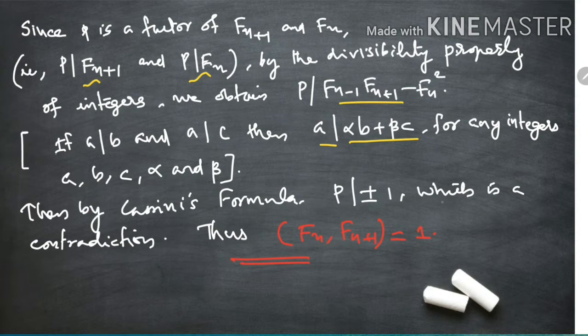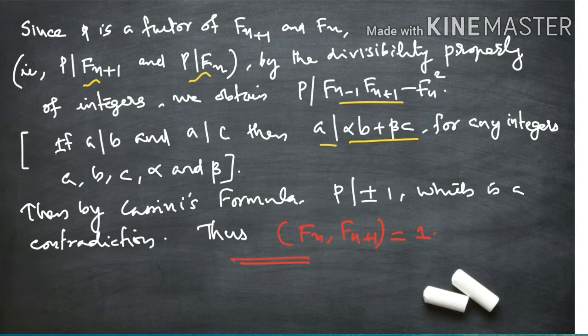But this is a contradiction, isn't it? P can't divide plus or minus 1, because 1 or minus 1 can't be written as a multiple of any integer greater than 1. So P does not divide plus or minus 1, and this makes a contradiction.